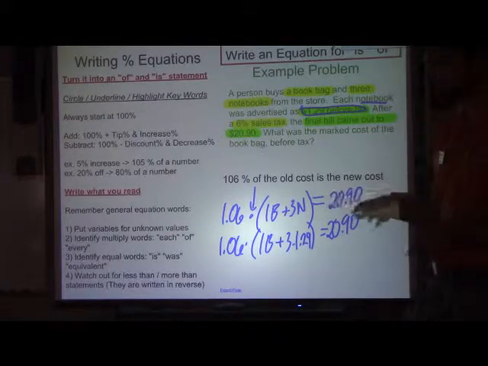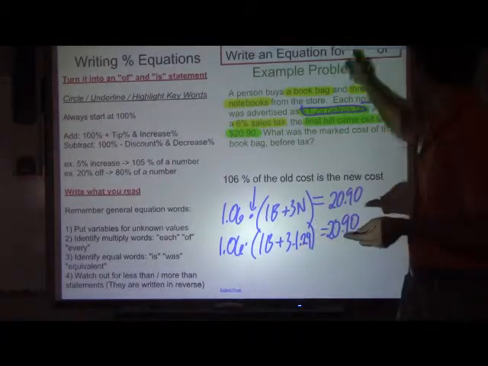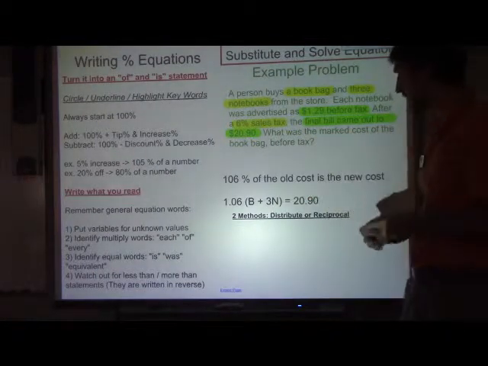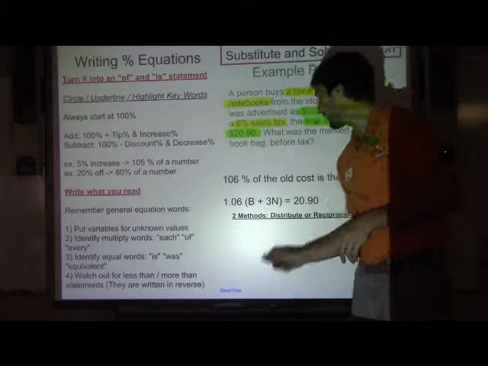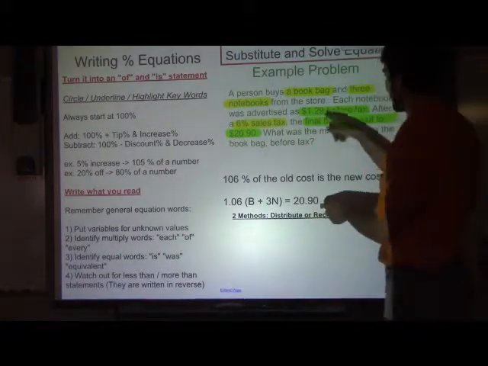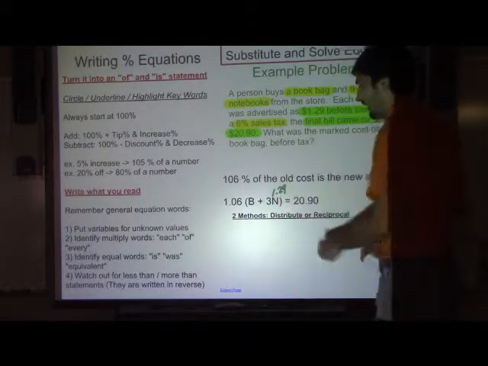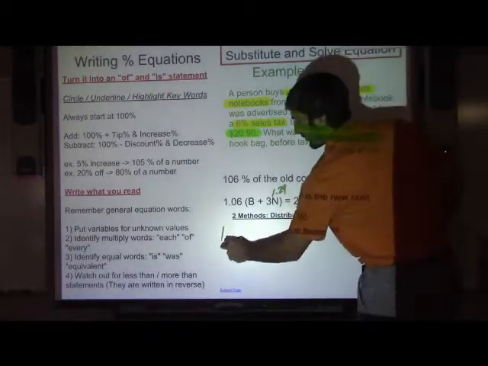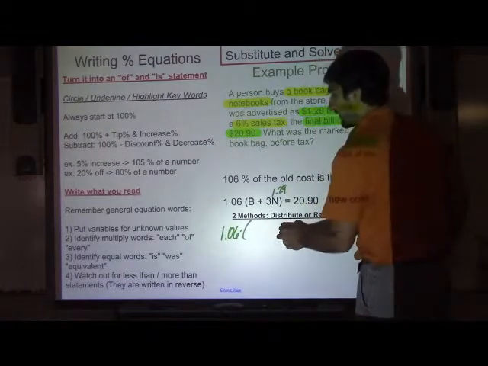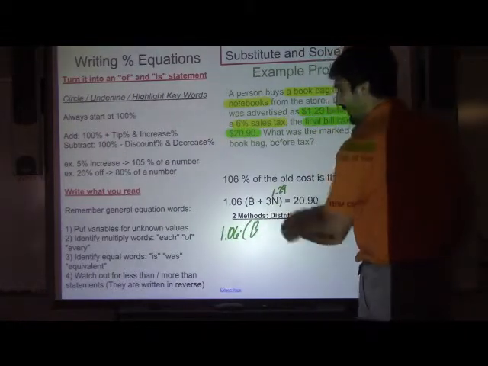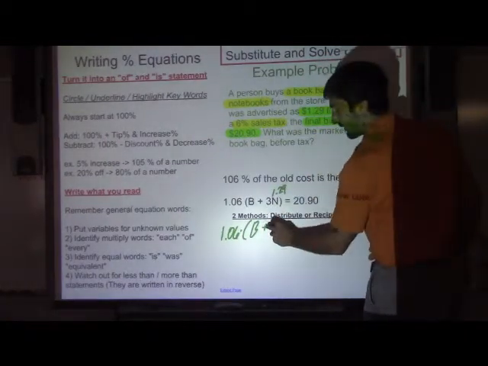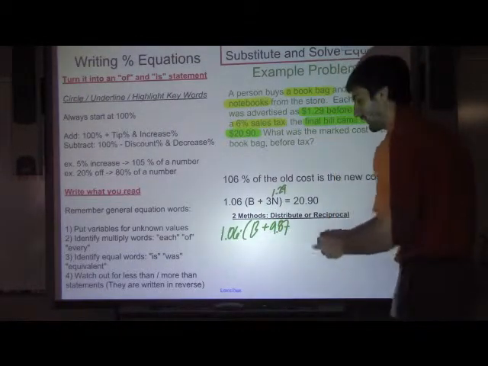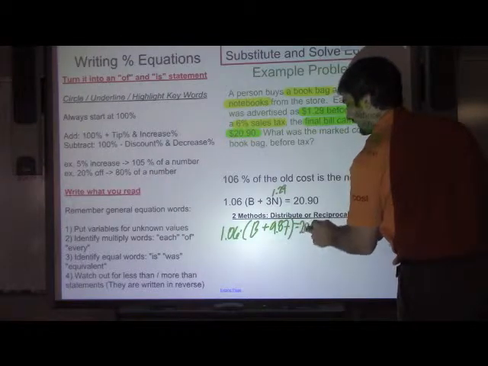Now this is an equation we can balance. There are 2 ways you could go about this. First, plug in that $1.29. When you multiply 1.29 times 3, this gives you the equation 1.06 times parentheses, 1 book bag plus $9.87, equals $20.90.